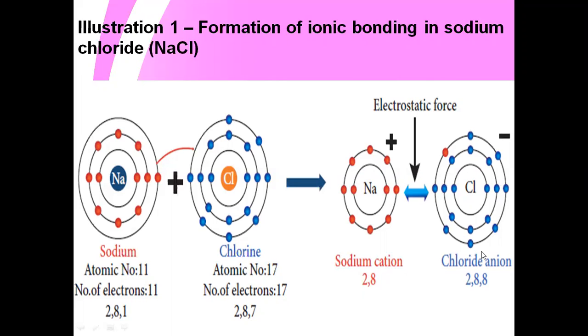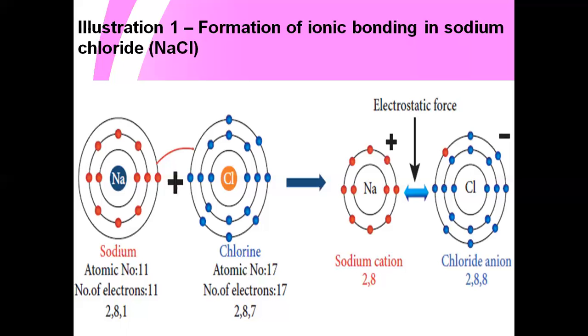Next, chloride anion is also completely filled, 2, 8, 8 is the electronic configuration. So between these two ions there is a force because of the loss and gain of electrons. That force is called electrostatic force and the bond is ionic bond. Clearly understood? So one electron is lost and one electron is gained.